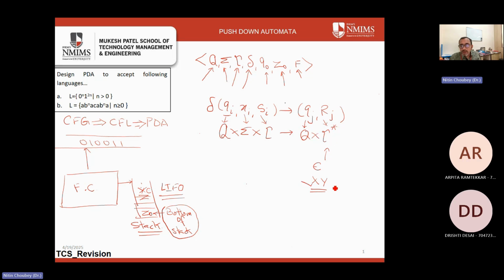This X or Y, both belong to tau, that is the set of allowable stack symbols. So this is basically the way to write the transition mapping for push down automata.